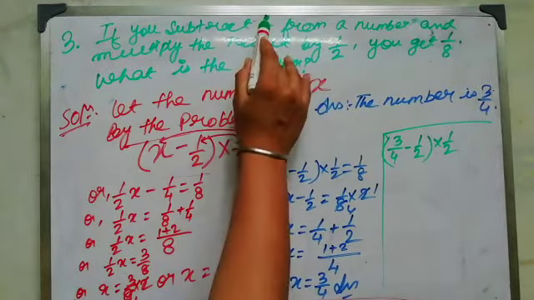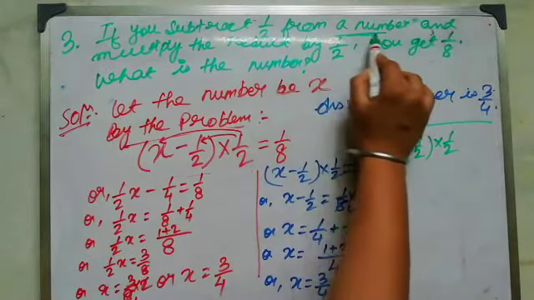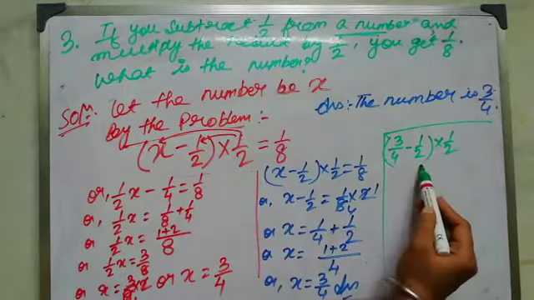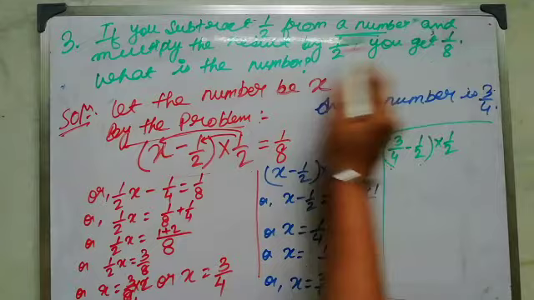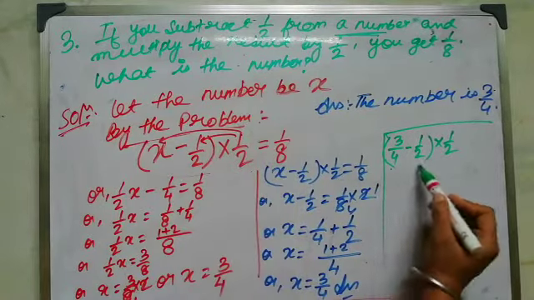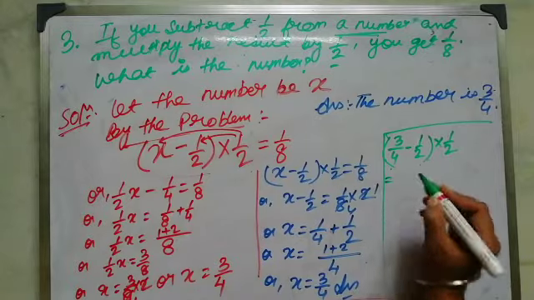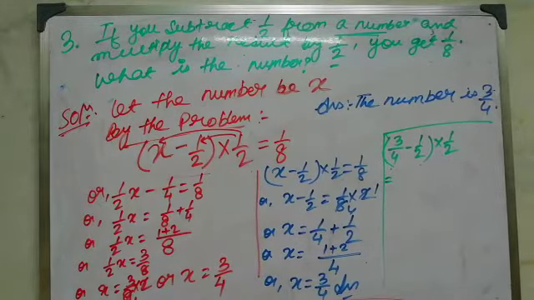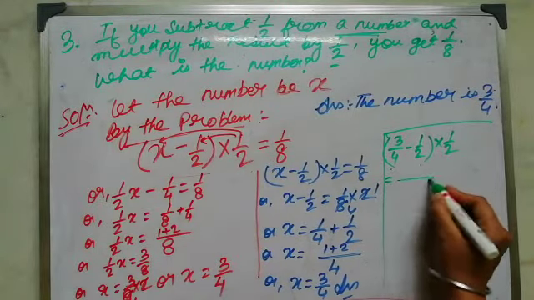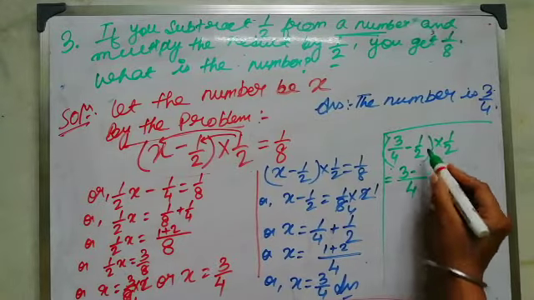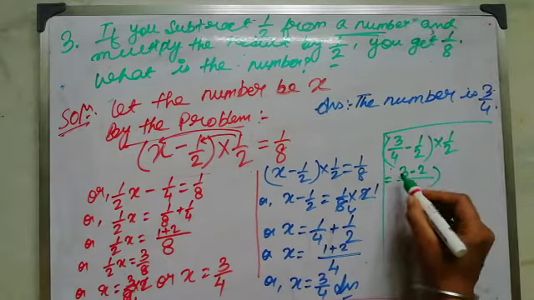Subtract half from the number 3 by 4, and multiply the result by half. Let us see what we will get. No more 'or', students, because we are not solving any equation, but we are solving an expression. We will quickly take 4 as LCM.